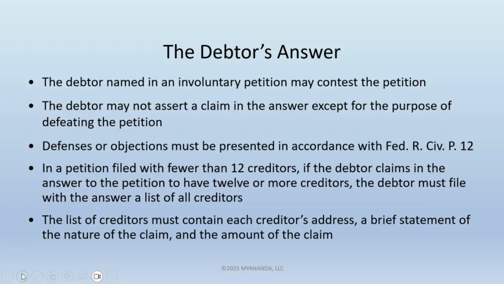And in a petition filed with fewer than 12 creditors, if the debtor claims in the answer to the petition to have 12 or more creditors, the debtor must file with the answer a list of all creditors. The list of creditors must contain each creditor's address, a brief statement of the nature of the claim, and the amount of the claim.